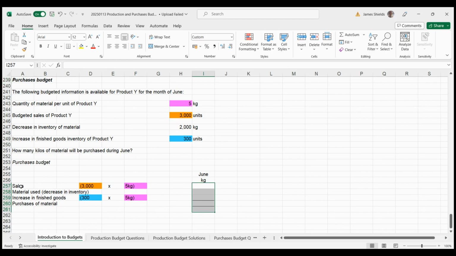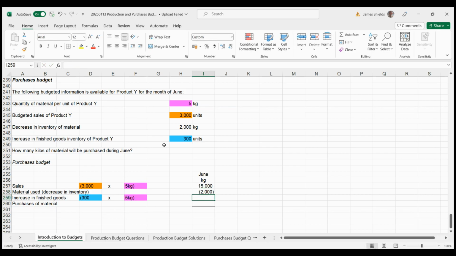Now sales, to work out the sales going to be sold, it's going to be 3,000 units and each unit requires 5 kilograms. So that's going to be 3,000 units times 5, giving us 15,000 kilograms. Now material used, a decrease in the inventory, so it's going to be 2,000 kilograms. So that's already in your inventory, already had it.